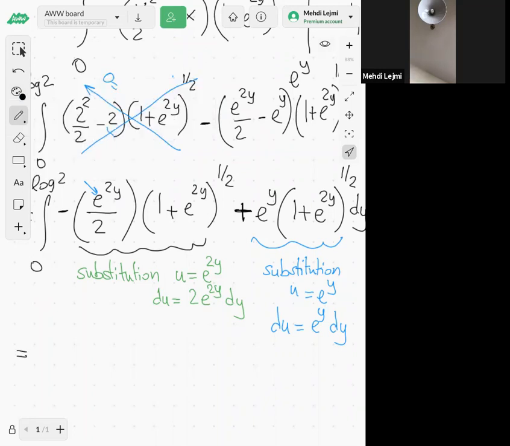So anyway, for the first part of the integral, you substitute e to the 2y by u.